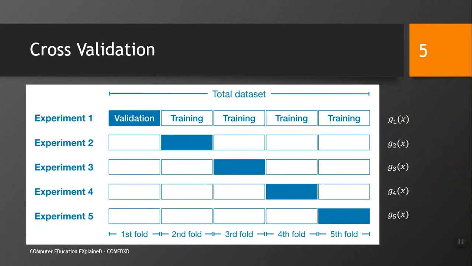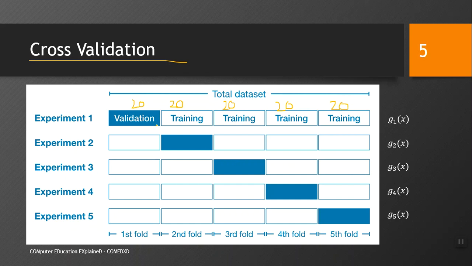The first approach, which is cross-validation, is given like this. Let's say we have a training data set which consists of, for example, 100 instances. We make splits of 20 instances each, making 5 splits for the 100-instance data set.